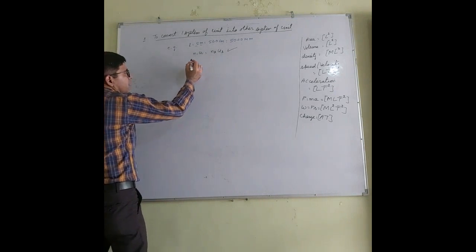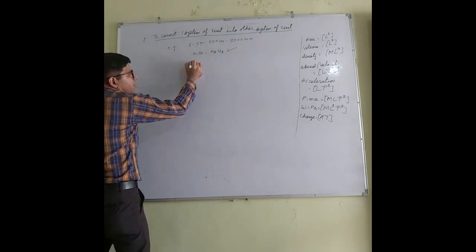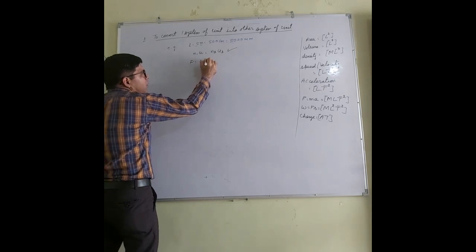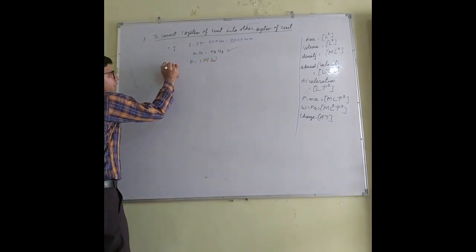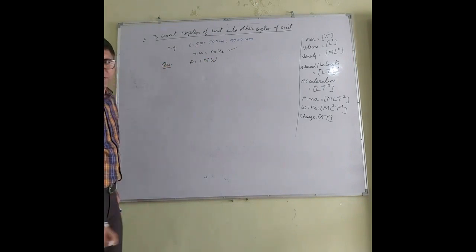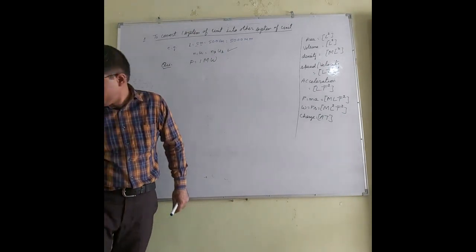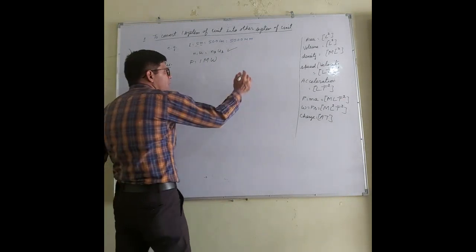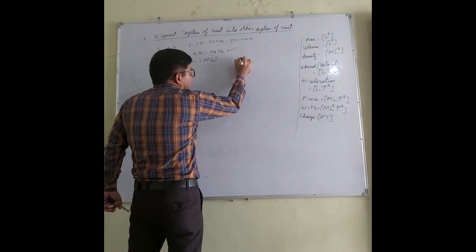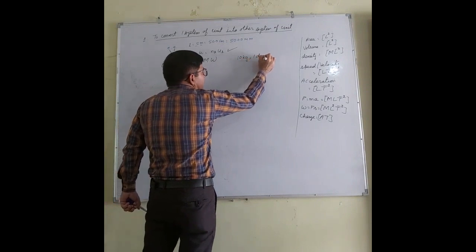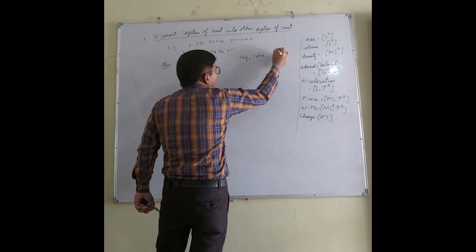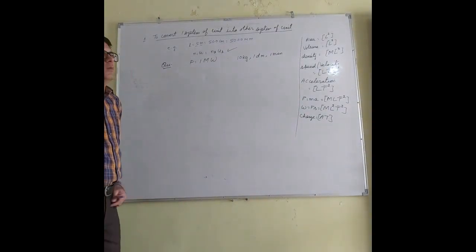That is, we are given a power of 1 megawatt and I have to convert it into a system in which the fundamental units are 10 kilogram, 1 decimeter and 1 minute. How can I do it?